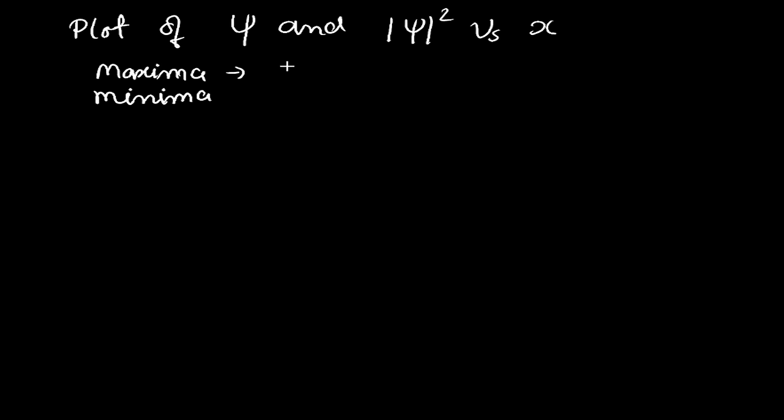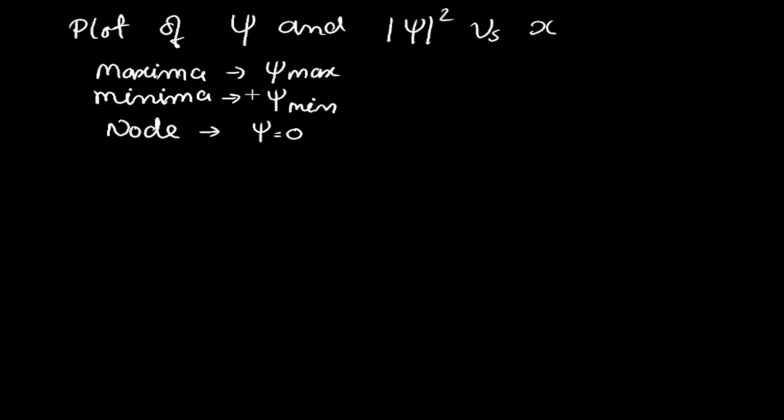Maxima is the point on x at which the value of wave function psi is maximum. Minima is the point at which the value of wave function is minimum, and the third point is a node. A node is the point at which the value of the wave function is 0, and except for the boundary condition, along the whole length of the x-axis, a point where the wave function is 0 is referred to as a node.